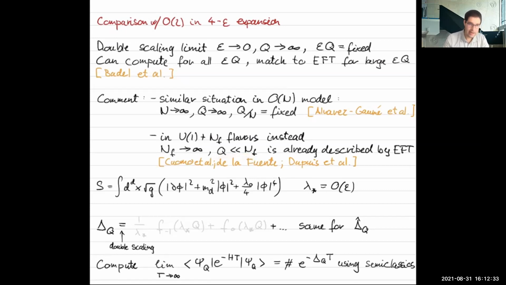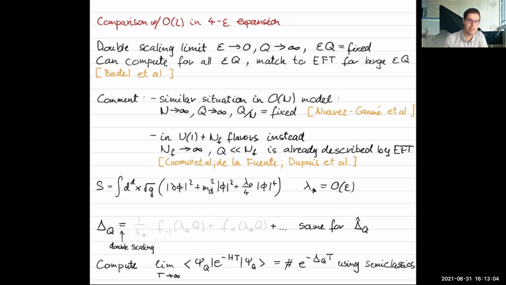And why it applies was explained in a nice paper by Gabriel et al. And the EFT predictions were verified in 2 nice papers in the CP^N model by De La Fuente. And very recently, there was a condensed matter paper confirming it in QED, so fermionic matter for monopole operators.